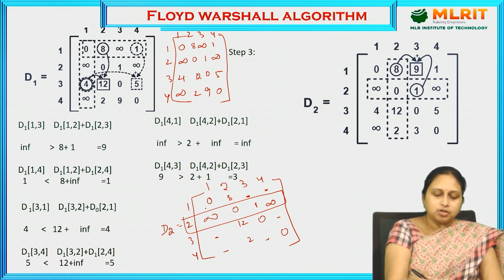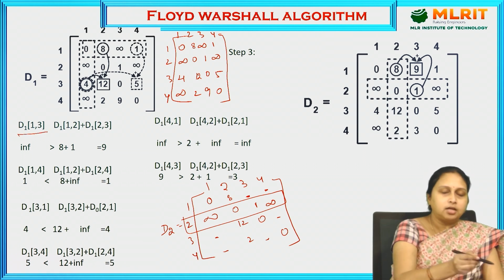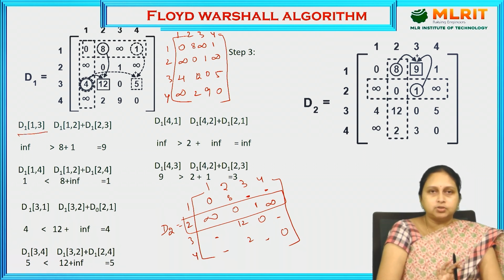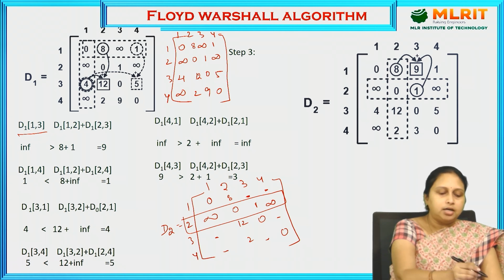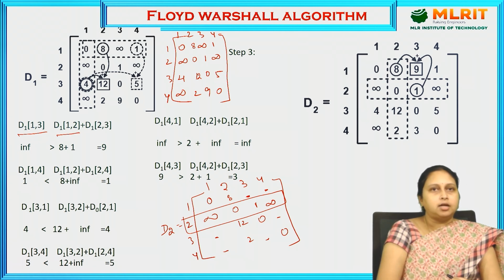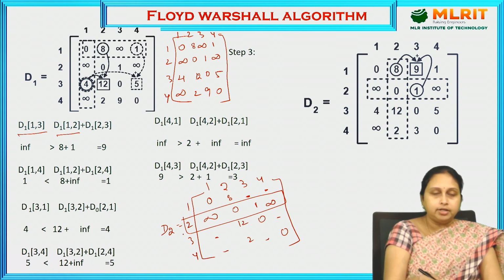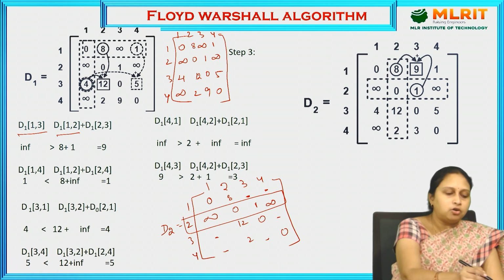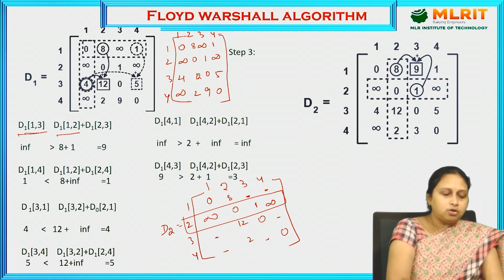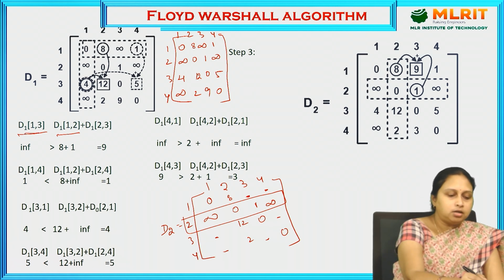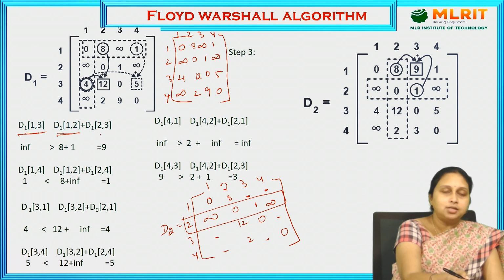Now first check for D of 1, 3. But here the vertex which we need to consider as the middle one is 2. Right? For finding D2, we need D1 of 1, 3. D1 of 1, 3 is nothing but D1 of 1, 2 plus D1 of 2, 3.